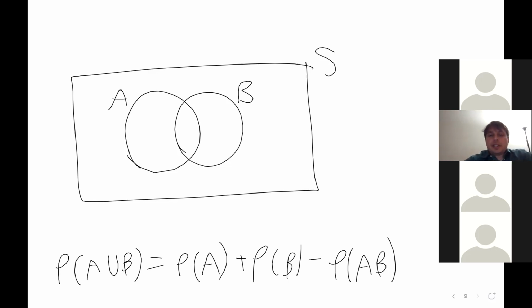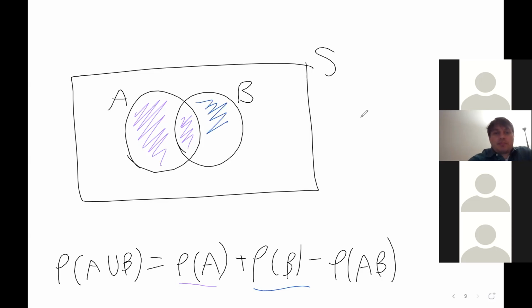Well, if we looked at P of A, it would say, what's the probability of something here. And P of B would say, what's the probability of something in B. But if you notice, the middle part we counted twice.